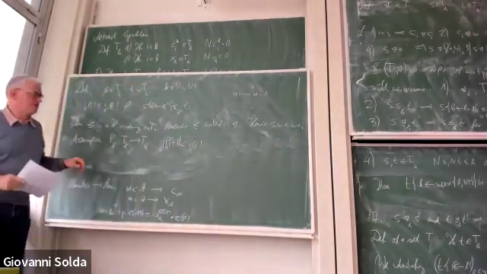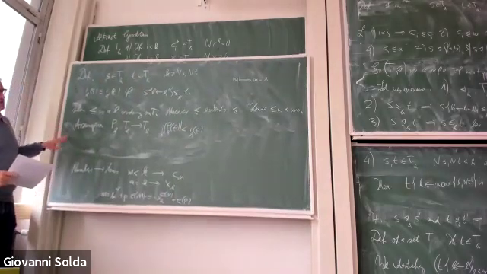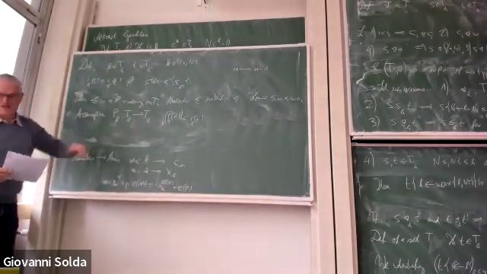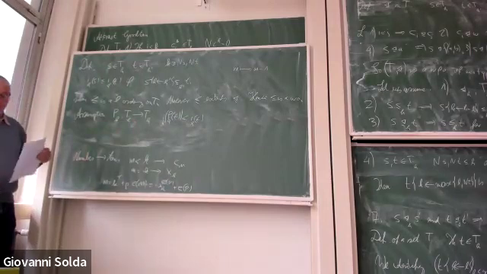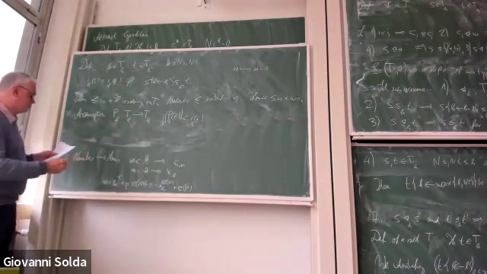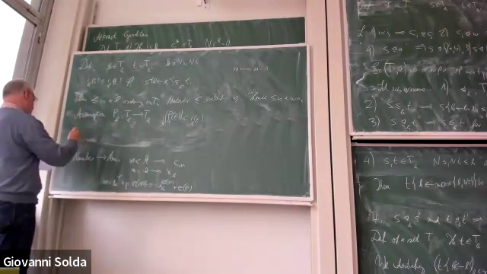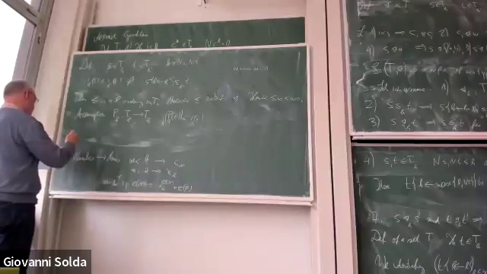So I have some abstract predecessor function on my sets T. Then I can write down what's on T.